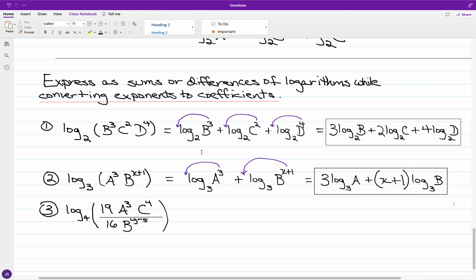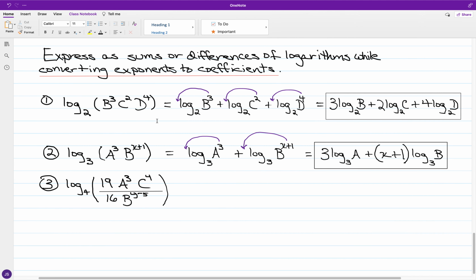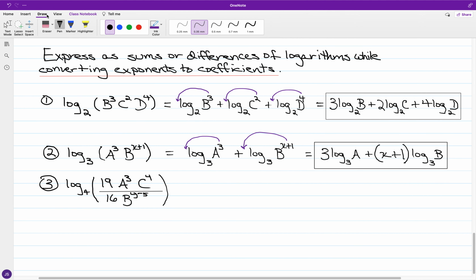Now, for what we have in the case of the last of this trio, you have 3 terms in the numerator and 2 in the denominator.